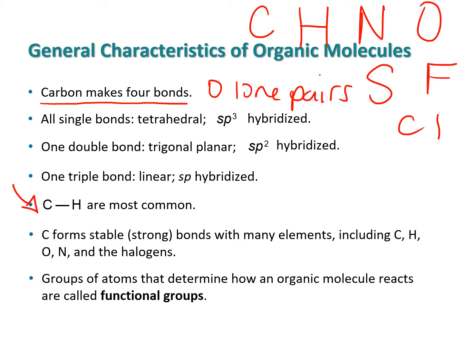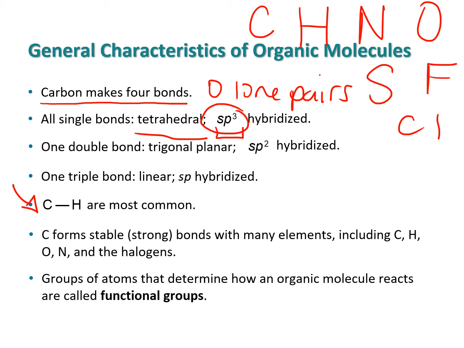The bonds that it forms are typically all single bonds, and the hybridization around these central atom carbons is sp3. So anything that forms 4 bonds around it is sp3 hybridized. The molecular geometry based off of its sp3 hybridization is tetrahedral.